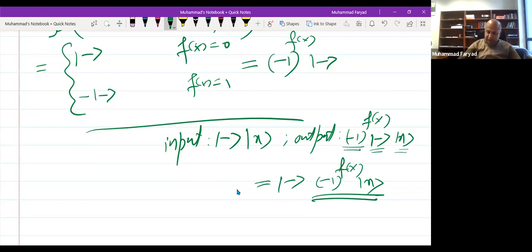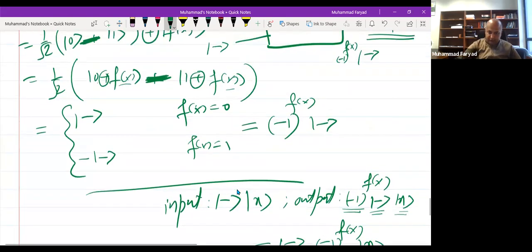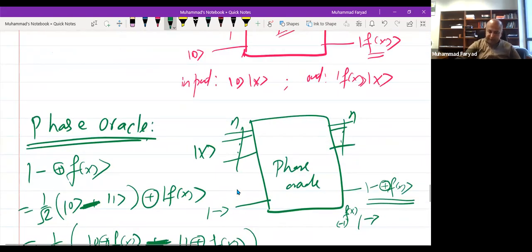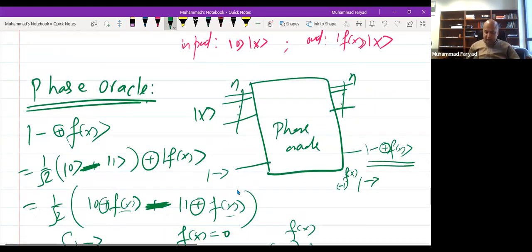So it means that if you now define, this is minus state, and at the output, this is still a minus state, and this phase part can simply go to this output x.